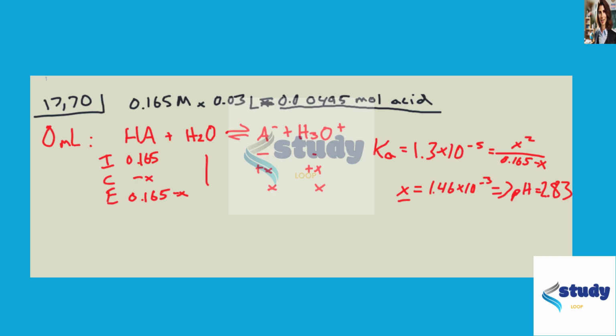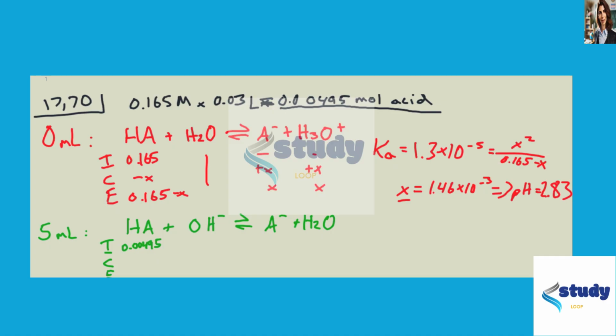Let's go ahead and do 5 milliliters. So here we're going to do an equilibrium problem again, but now we have base present, so we're reacting with OH minus to form, once again, A minus and water. Our initial will be the moles, not the concentration, because we can just work in moles now. So 0.00495, the moles initial that we calculated at the beginning.